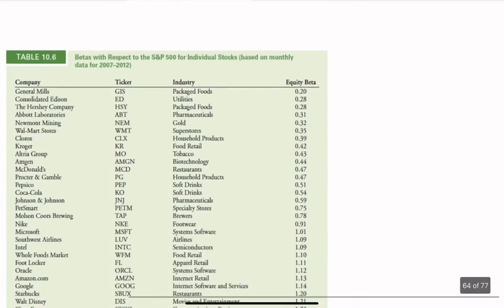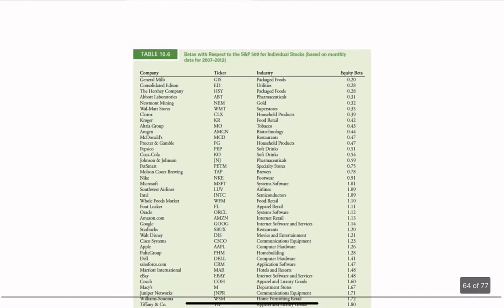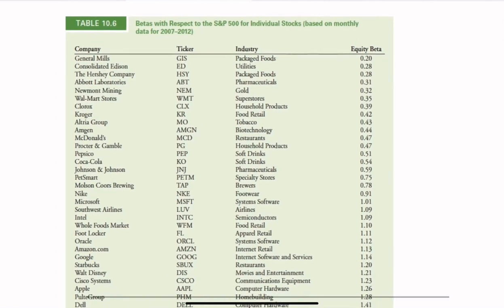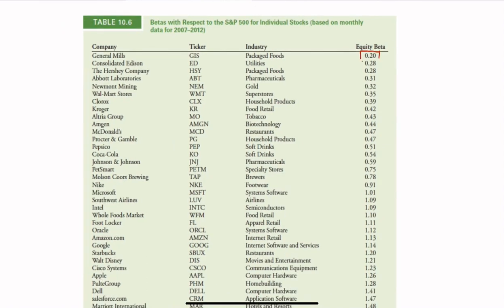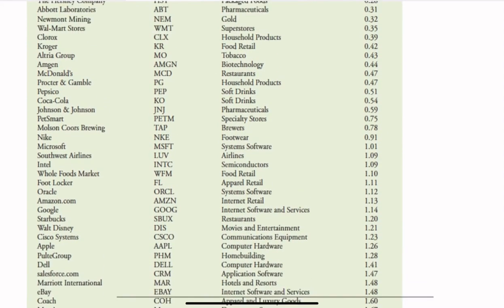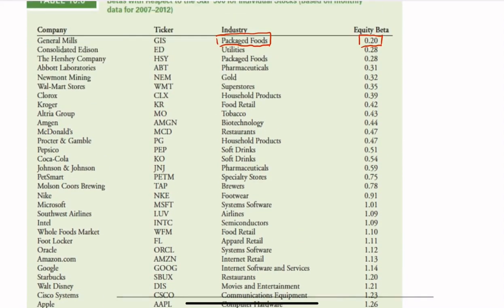So why do you see large differences in firms' betas? That's the question here. And we could also see the same result for the US market. This is actually a nicer table because equity betas are ranked from small to large. You can see that General Mills, I think it's a food producer, oh yes, it's packaged food, has a small beta of only 0.2.